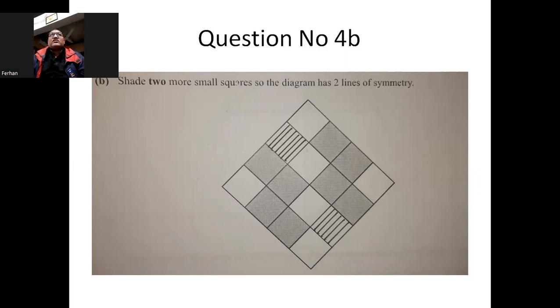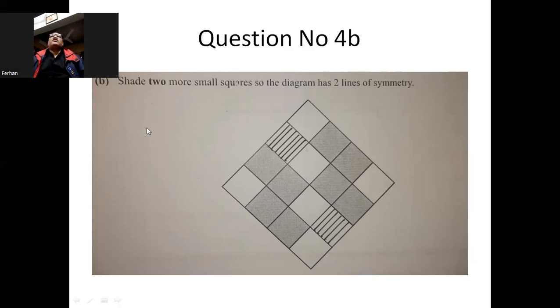These are the 2 tests for a line to be the line of symmetry. So this will be the line of symmetry, and this will be the line of symmetry, and this will not be the line of symmetry. One is along this diagonal, the other line of symmetry is along this diagonal.